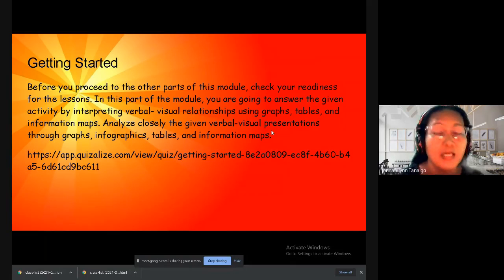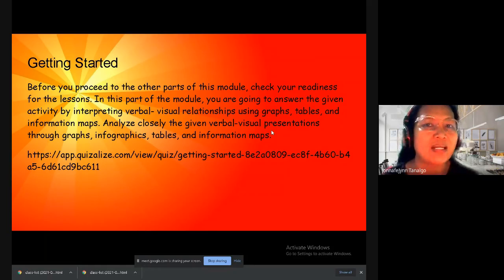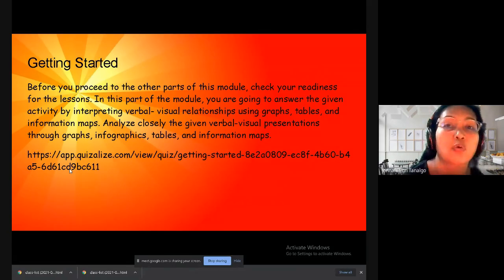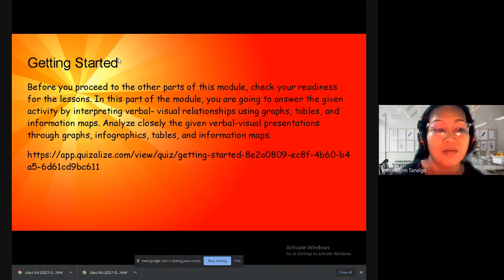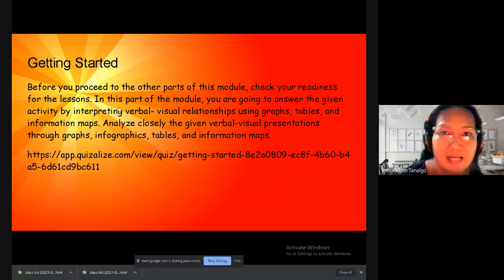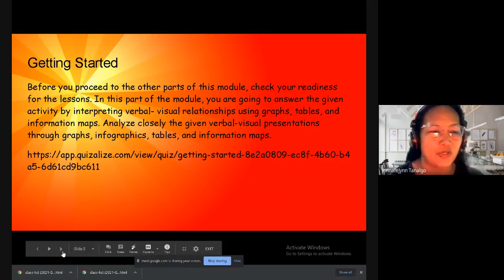I think you have seen this on your Quarter 2 pre-test, right? You have to analyze closely the given verbal and visual presentations through graphs, infographics, tables, and information maps. That is in Quizalize. I think I sent the code on your Google Classroom.